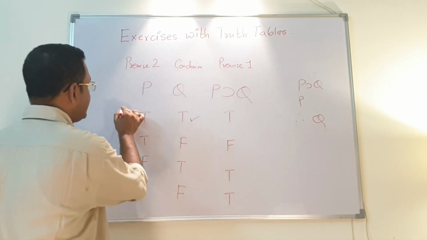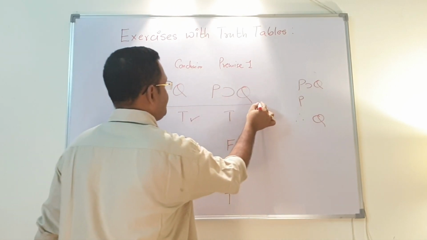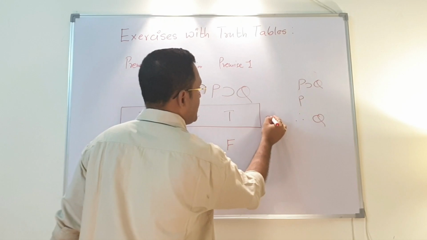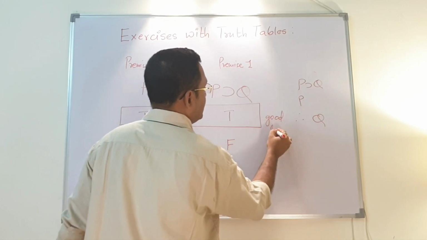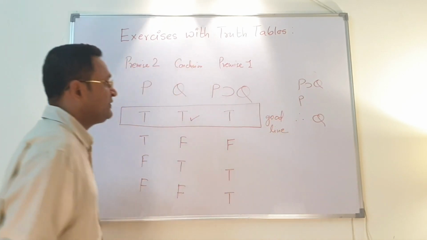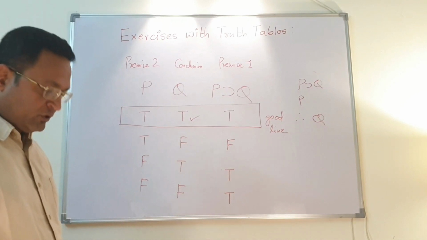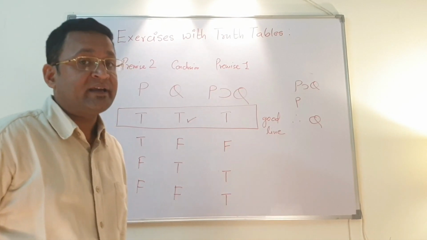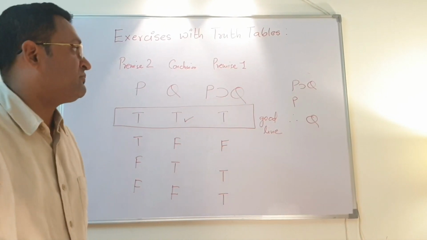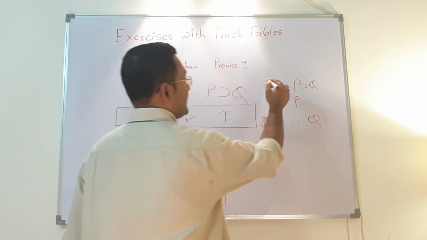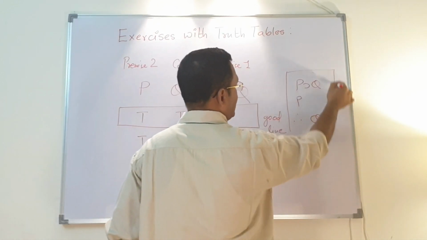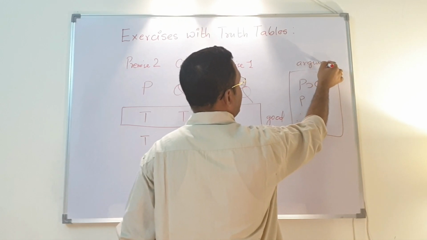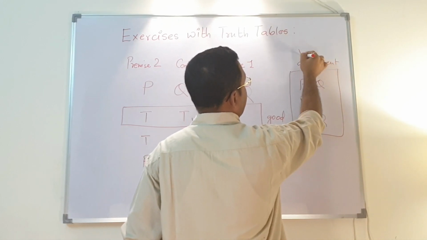So you will see that there is only one good line, which shows that whenever the premises are true, the conclusion is also true. And there is no substitution instance which can make the premises true and the conclusion false. Therefore, this argument is a valid argument.